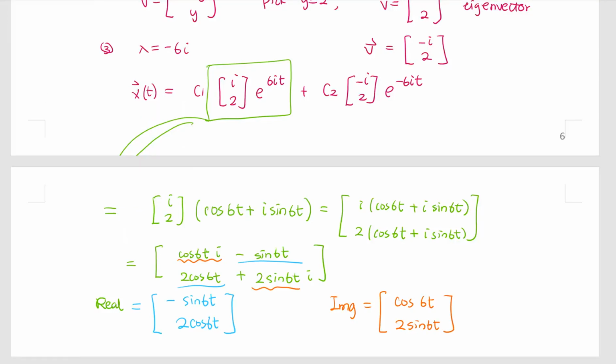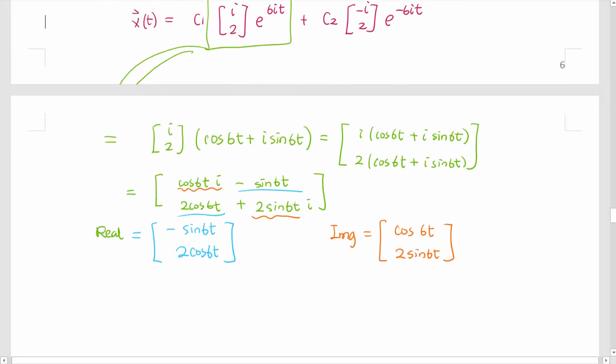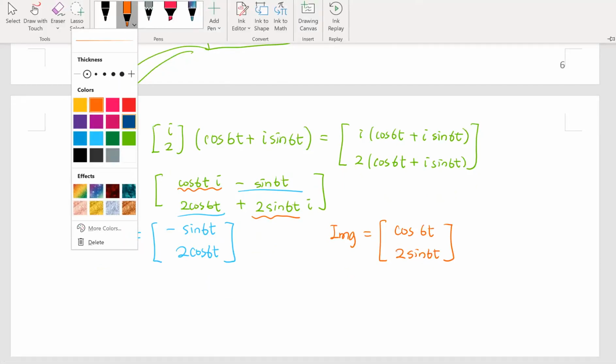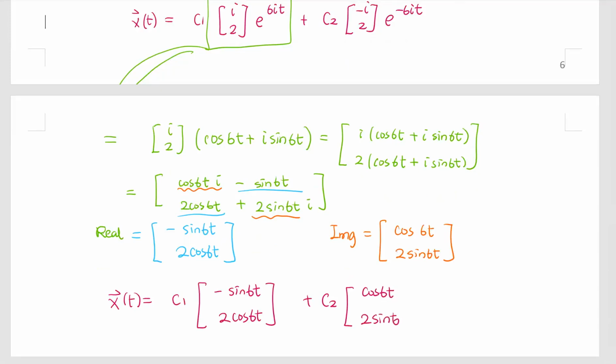So far so good, everybody? Alright, and now those are going to be our new basis for the solution space. So our general solution is C1 times negative sine 6t, 2 cosine 6t, plus C2 times cosine 6t, 2 sine 6t.